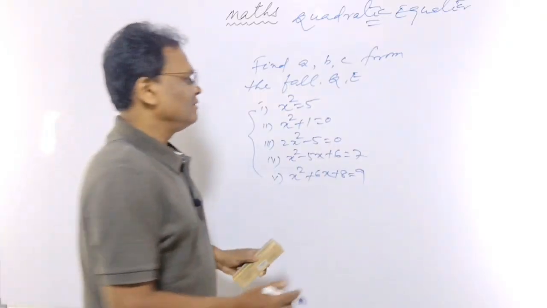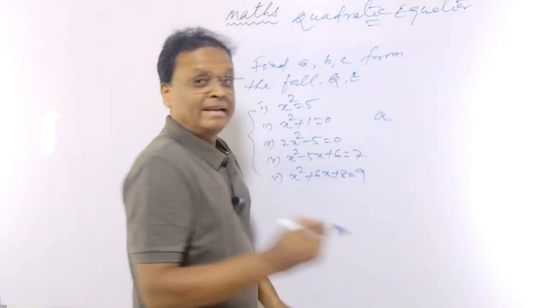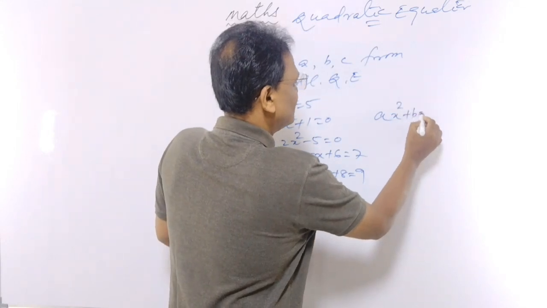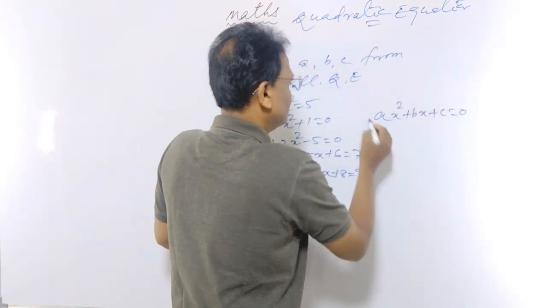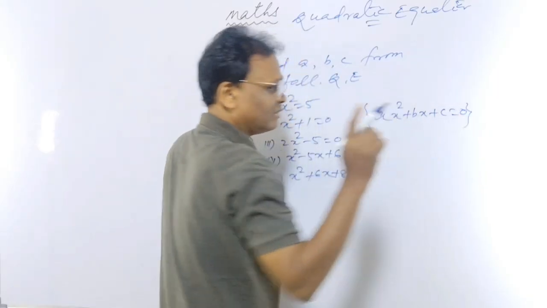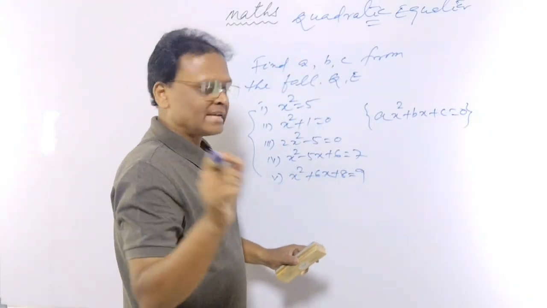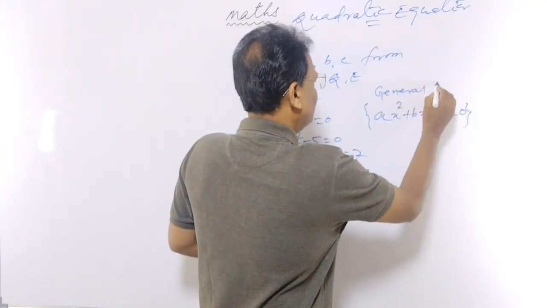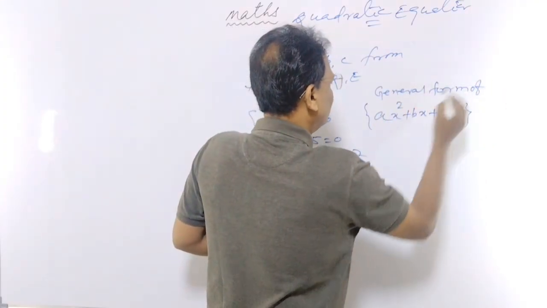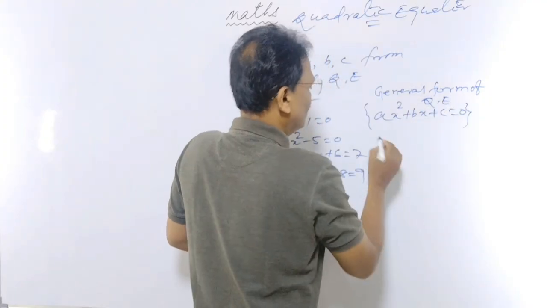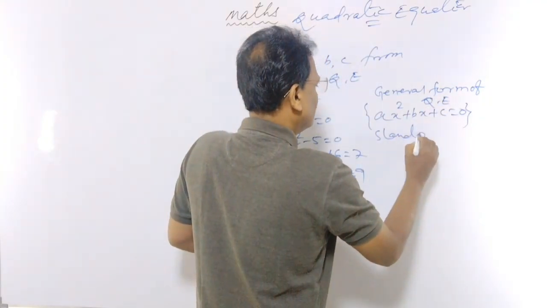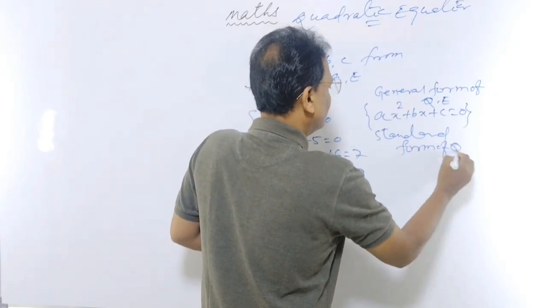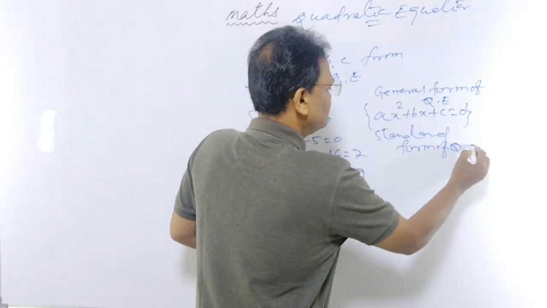One thing you have to keep in mind, while finding the value of A, B, C, you must keep in mind this is the general form or the standard form of a quadratic equation.